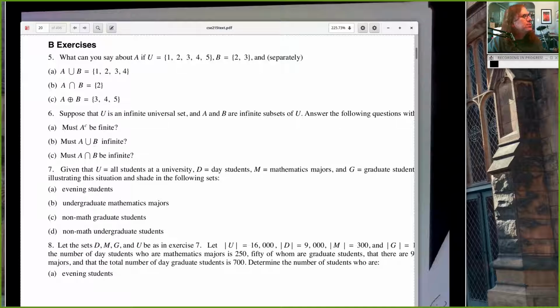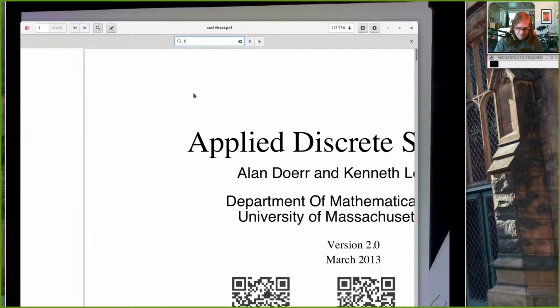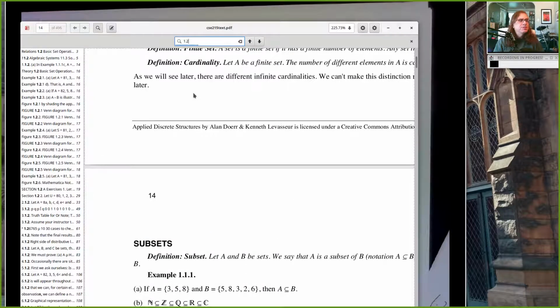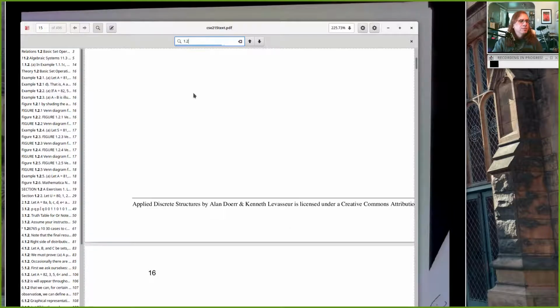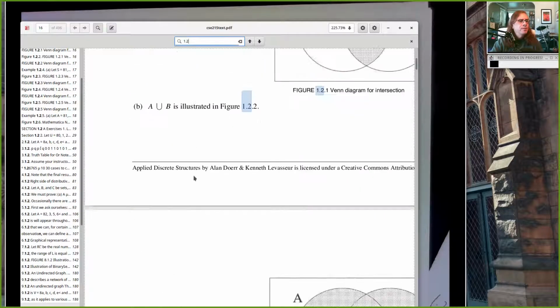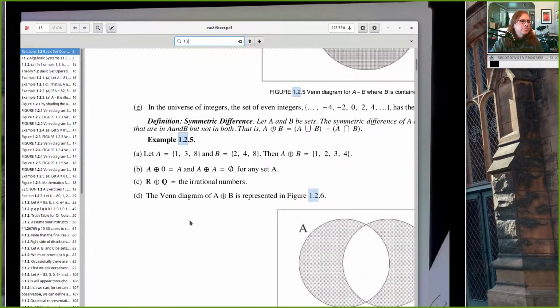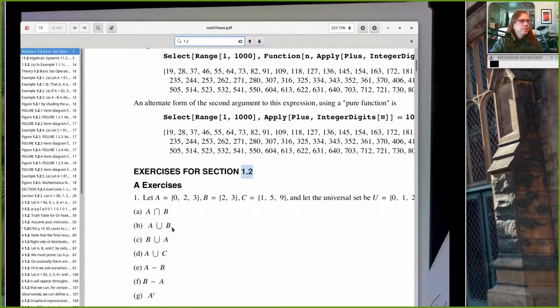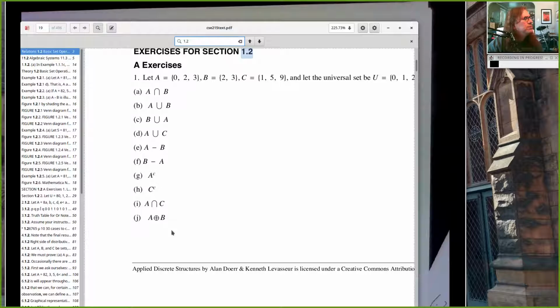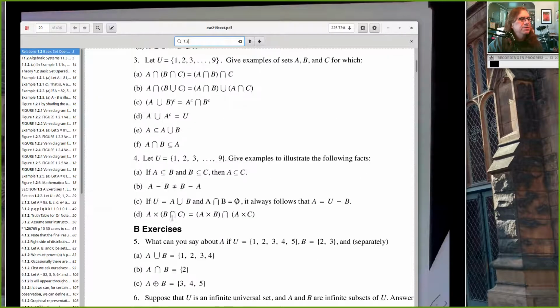In 1.2, was A, B, comma, C in exercise 4 supposed to carry over the definition provided in exercise 1? I don't think we carry over definitions. Let me see what we're talking about. So 1.2, exercise 4, supposed to carry over the definition provided in exercise 1.